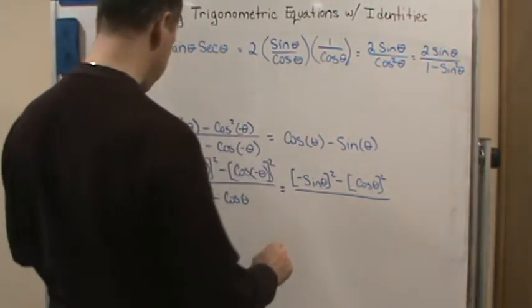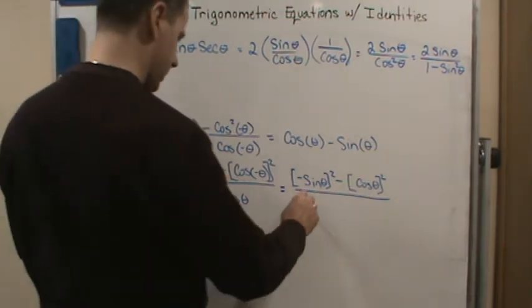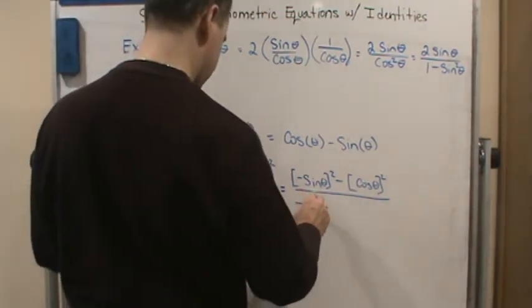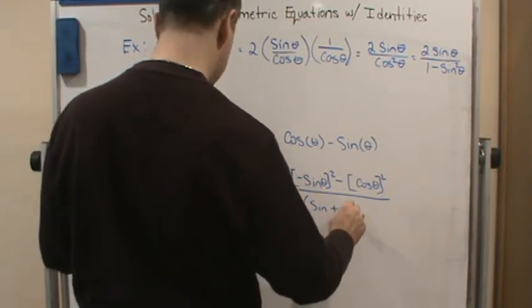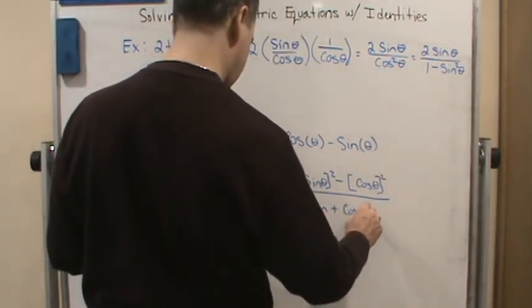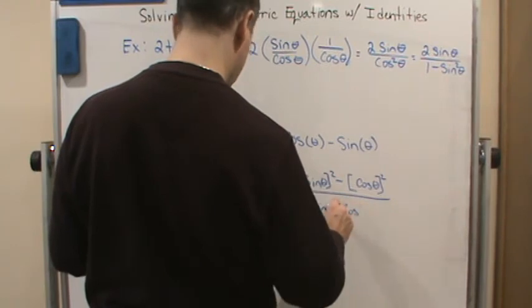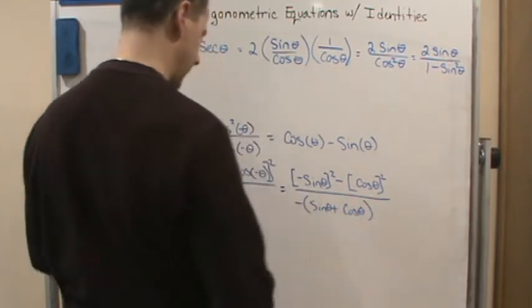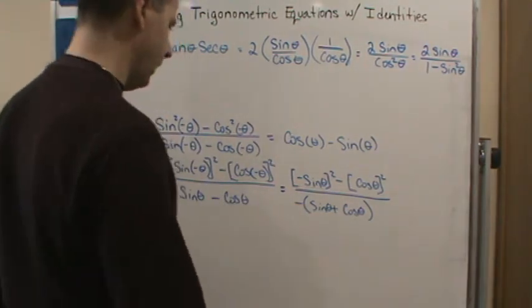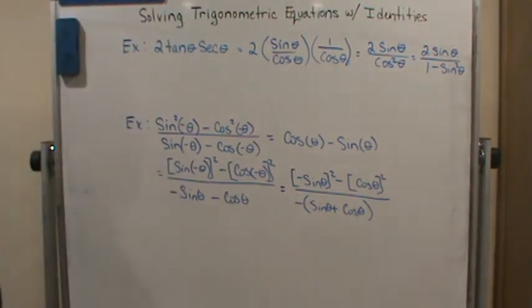And I'm going to pull out the negative sign here. So this is going to be negative sine plus sine theta cosine theta. Now I don't know if that negative is going to help me later on or not, but I saw it, so I pulled it out. Might not need it. Usually it's helpful to pull it out if you can.